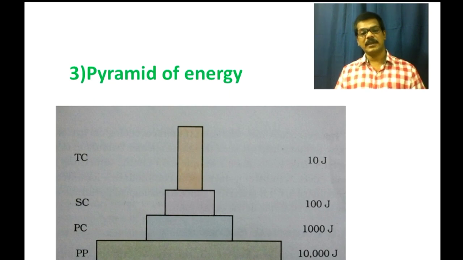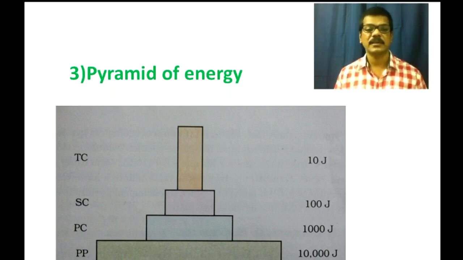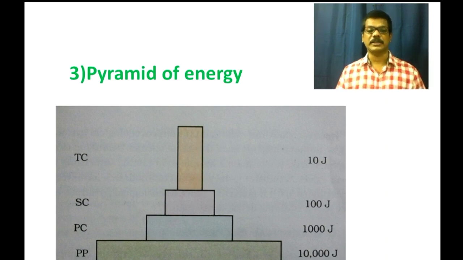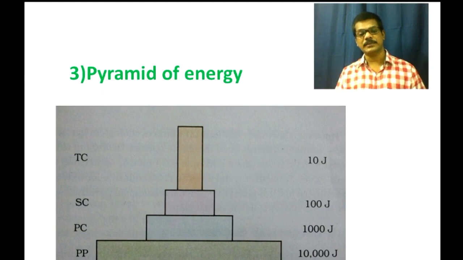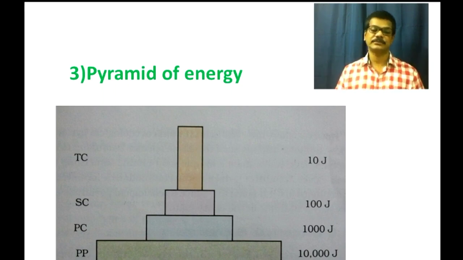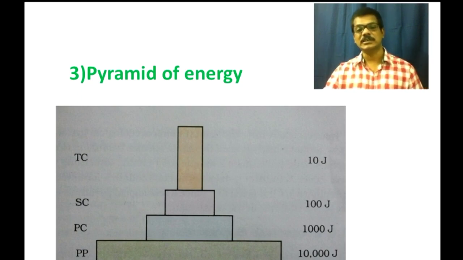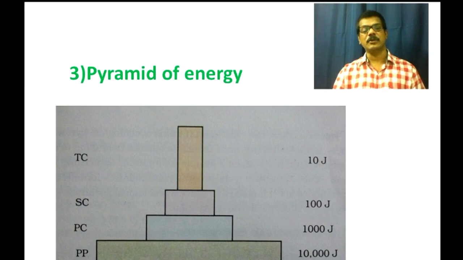Further, you can see that there is a 90% loss of energy in a food chain. If we start with 10,000 joules of energy present in the primary producer, when we reach the level of tertiary consumer, there will be merely 10 joules of energy. So it indicates that the flow of energy follows a 10% law.